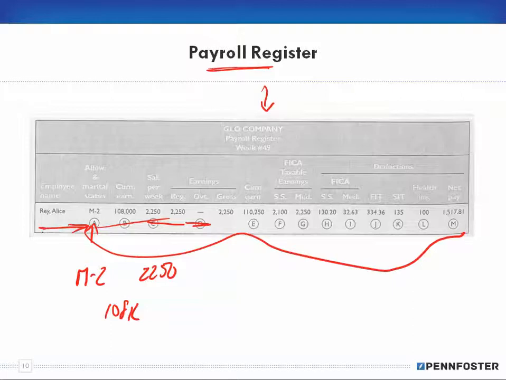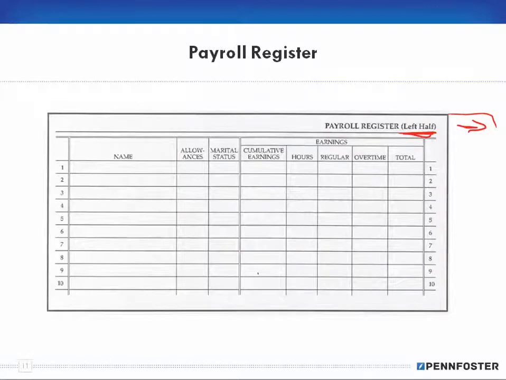So what ends up happening is, you as a new employee, you come in and you're hired. You'll fill out your W-4 form, which tells the payroll person how to calculate your paycheck.